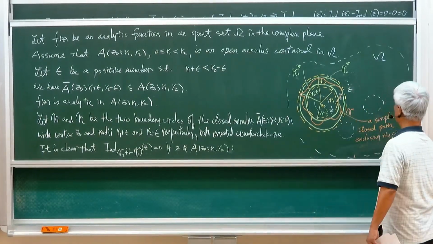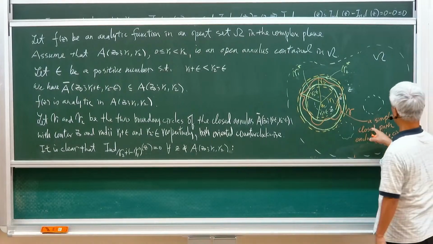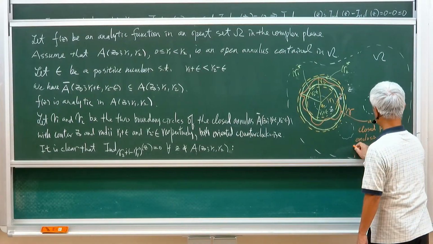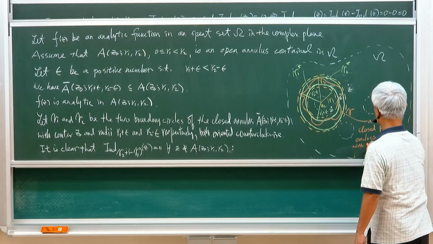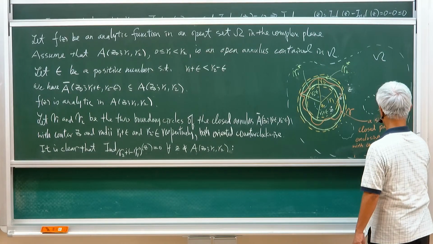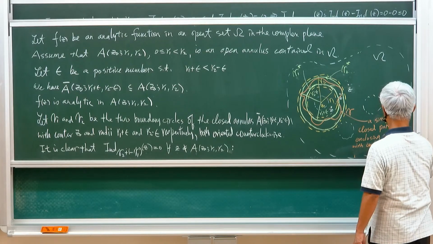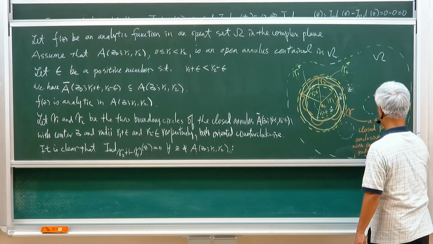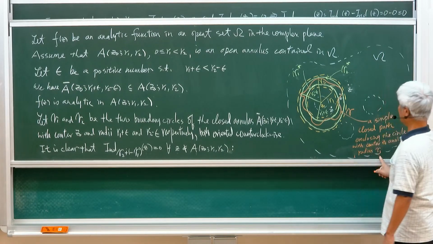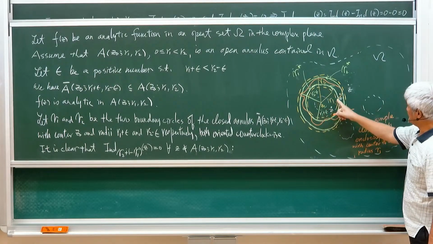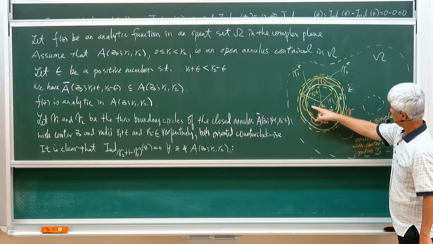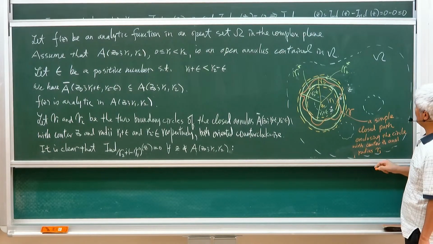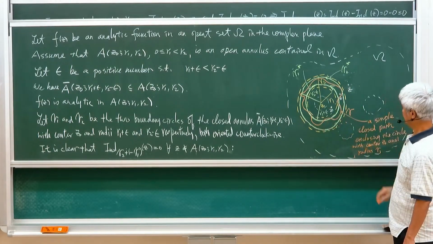So gamma is a simple closed path enclosing the circle with center z sub 0 and radius R1. See here, R1 is the inner yellow circle. Right, enclosing that.